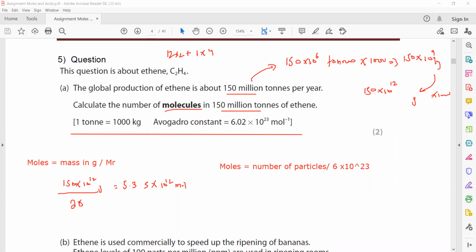The number of particles will be moles multiplied by Avogadro's number. So the moles are 5.35 into 10 to the power 12, multiplied by Avogadro's number, 6 exponent 23. We get the number of particles as 3.22 into 10 to the power 36 particles of ethene.